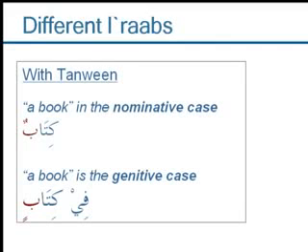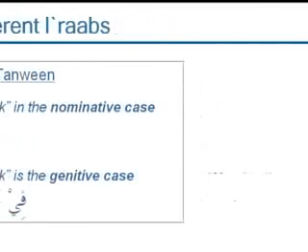Whereas the second one, we've got fi kitabin, and fi is a preposition, and because we've put the kasratain on kitab, we know that that book is being affected by the preposition fi. Okay, so sometimes tanween is used to indicate what is the case of a noun.